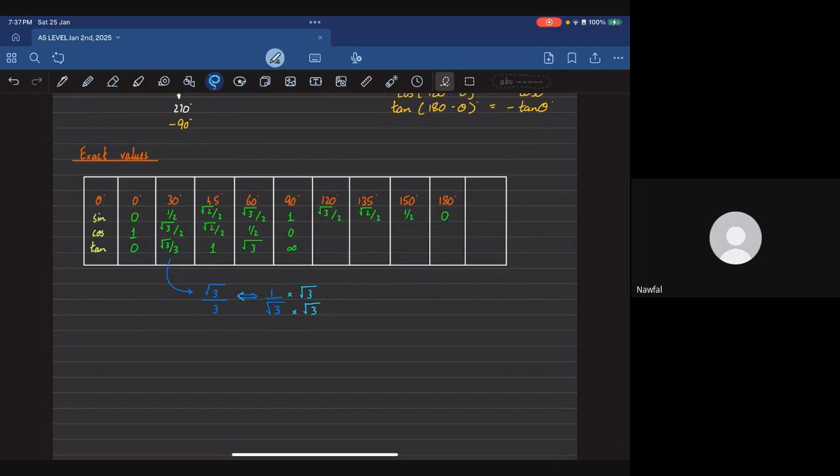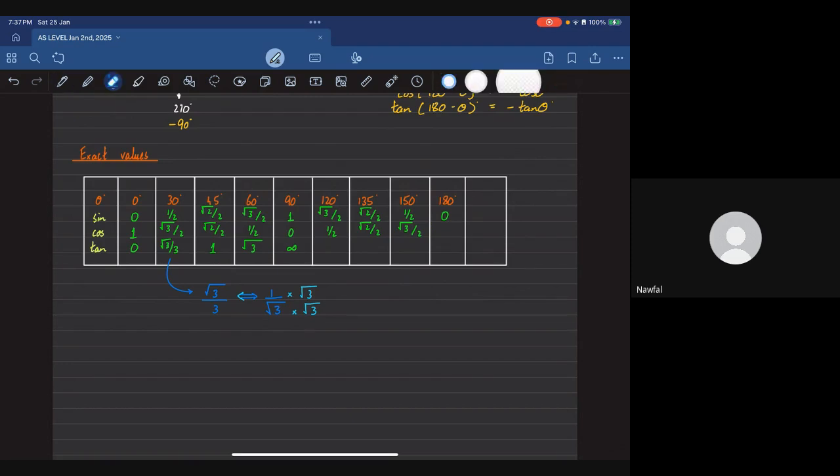Is this clear? Similarly, you're going to have values repeating themselves, and you're going to have 1 again.